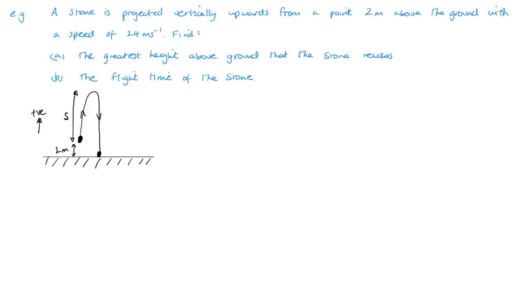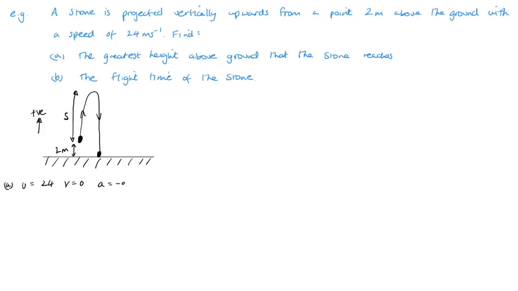So for that we've got U equals, this is part A, 24 meters per second. V, so at its greatest height V will be 0, because it's just when it stops moving upwards, at that instant it's 0 before then starting to accelerate downwards.